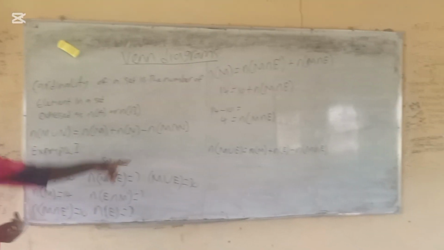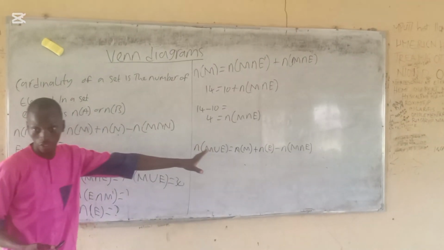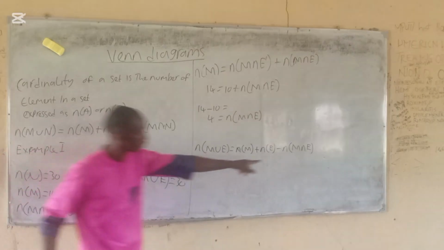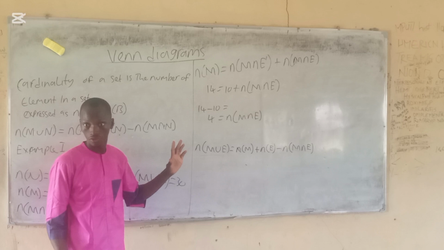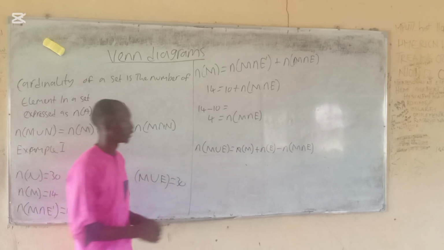Have you gotten those variables? We've gotten this one, that is easy, 4. Are you following? Yes. Do you understand? Yes. Okay.